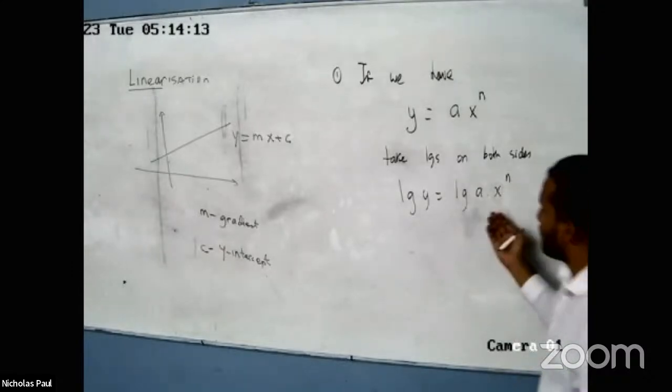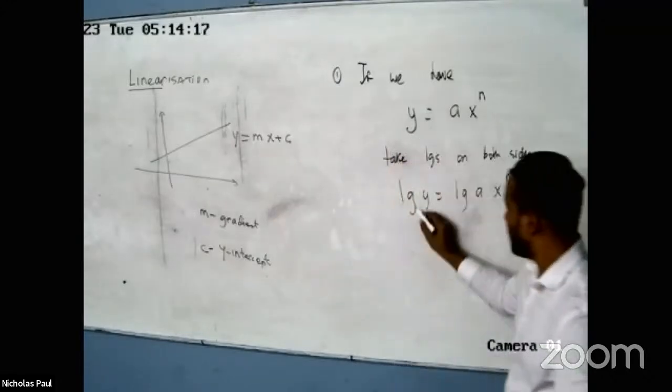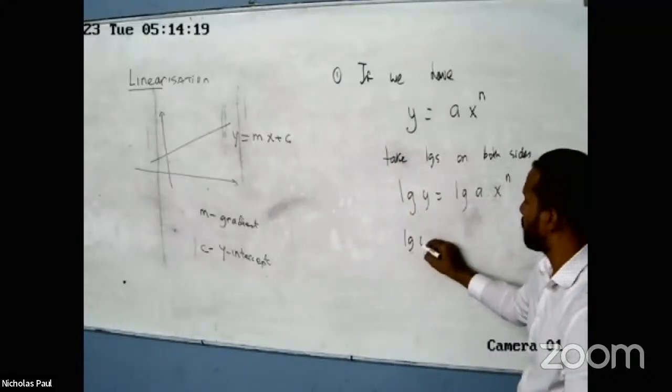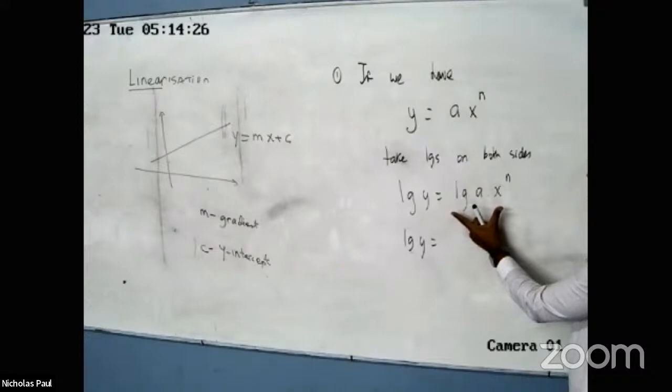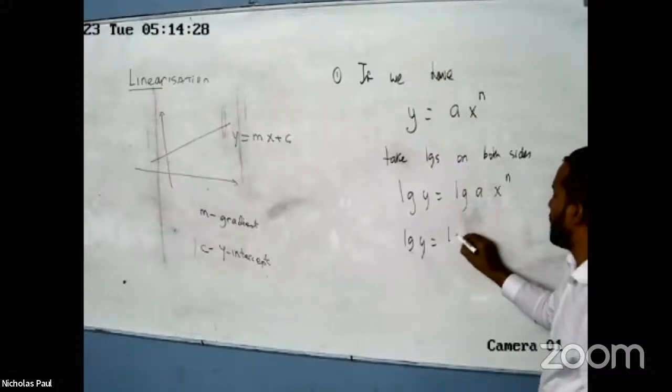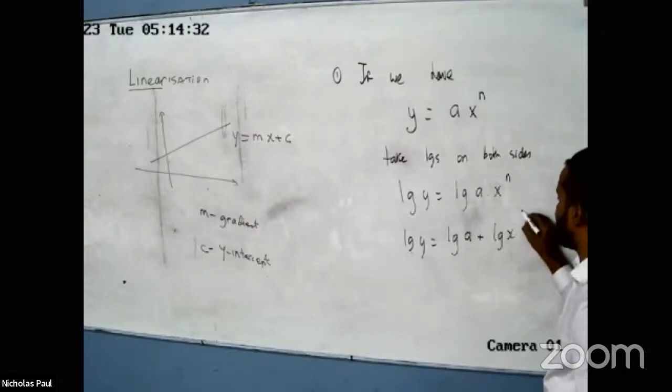The objective is to take it from here to here. So you take logs here, you have log y. This is the log of a product, so you can split it up. Are you okay with that? So you can split it up, and you'll get log a plus log x to the power of n.